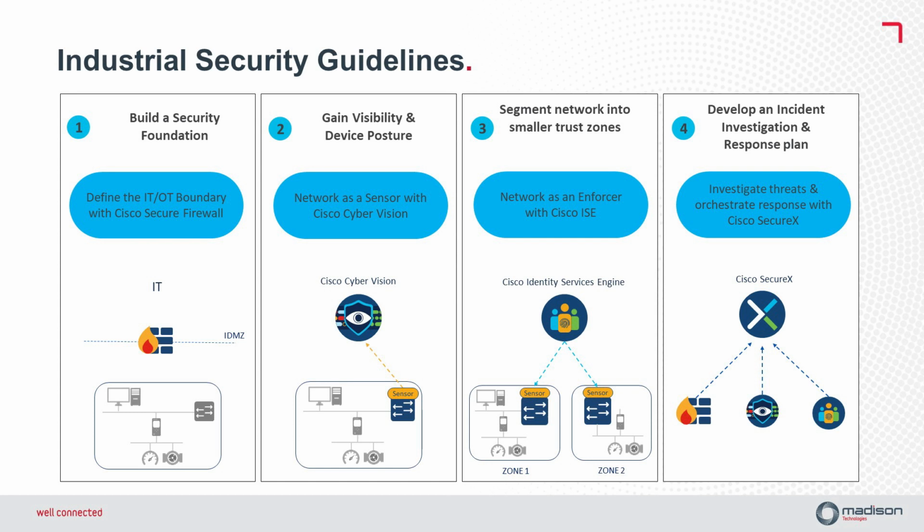And then segment the network into logical zones, and then use ICE to put policies around it. Once you have IT and OT as separate networks, with visibility and policies, then develop a team or person who will be responsible for investigating in case of any incident.